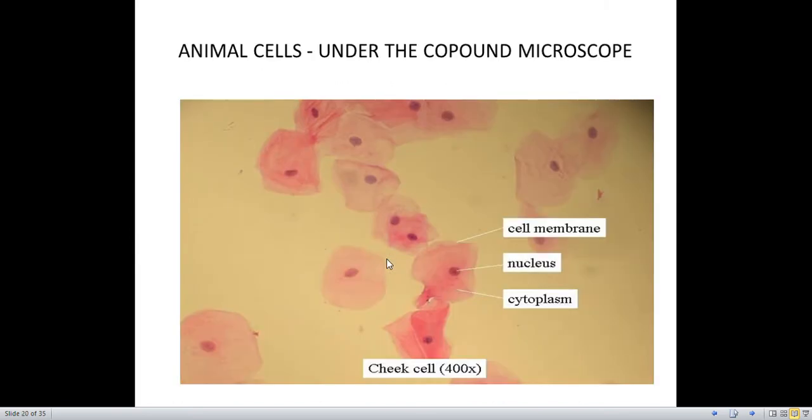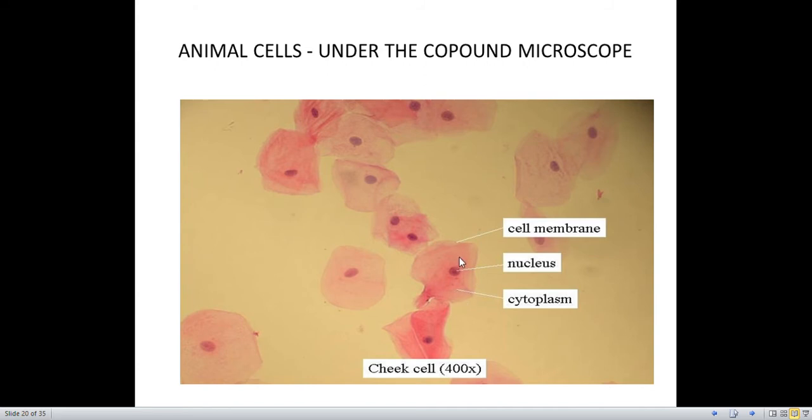Animal cells under the compound microscope. Now these are cheek cells taken from a mouth. Using a yogurt cup, you have to take some cells from your mouth, cheek cells. So you will be able to observe the cheek cells under the compound microscope like this.